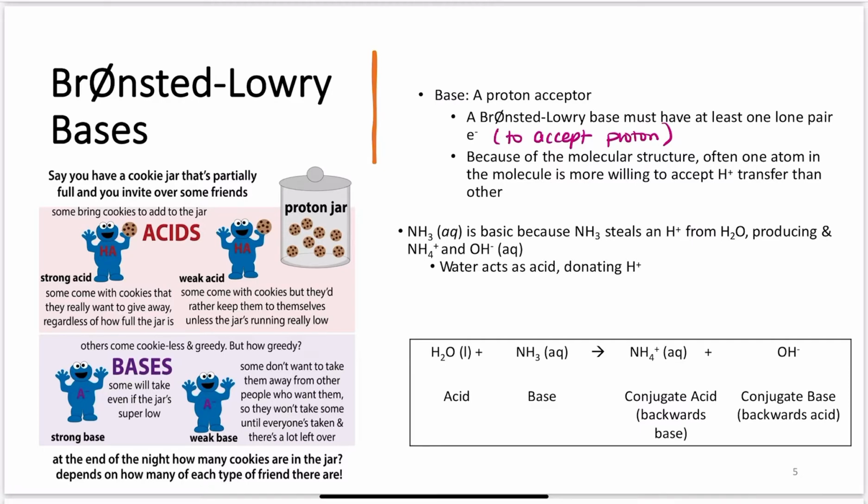For example, ammonia, NH3. You should know ammonia. It's very similar to ammonium. The difference is ammonia is not an ion, it is a weak base. Ammonia is basic because it will steal a proton from water, producing ammonium and hydroxide. In this case, water is acting as an acid and donating the proton. Water is amphoteric. Water can act as an acid or a base.